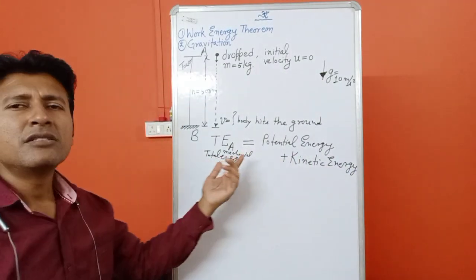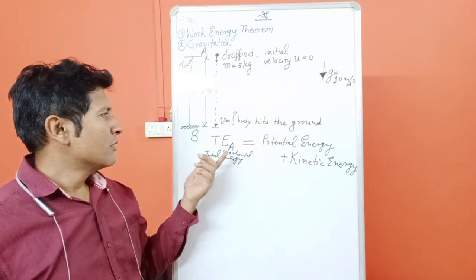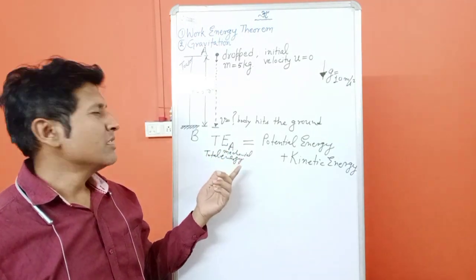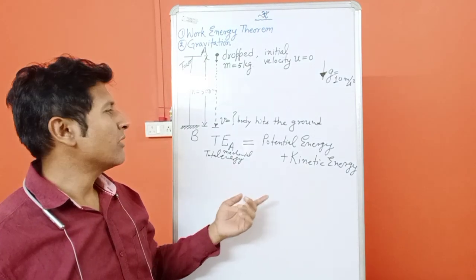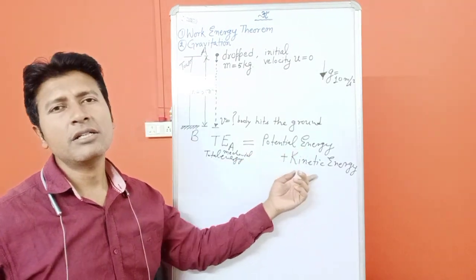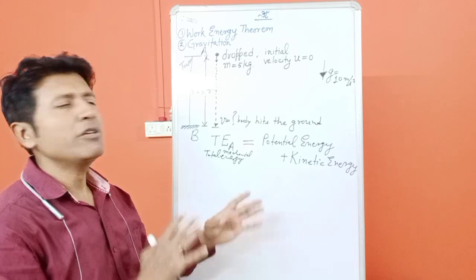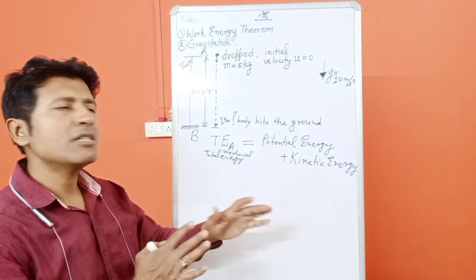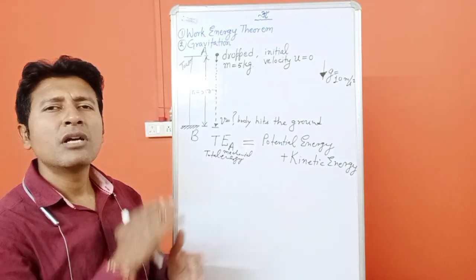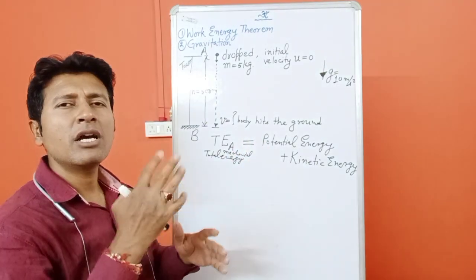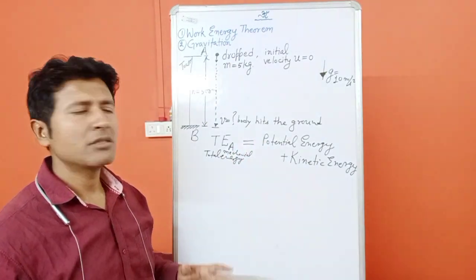This is the general formula of total energy. Means the body must be having potential energy and kinetic energy, right? Now it may vary. Sometimes this kinetic energy may be lesser and potential energy may be higher. Then again potential energy may be higher and kinetic energy may be lesser, right?